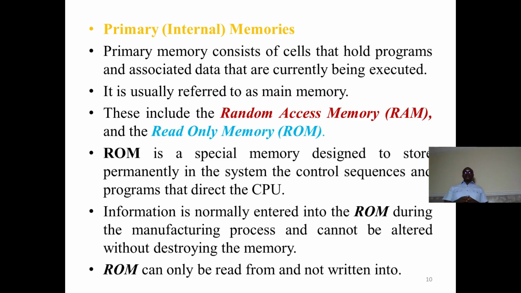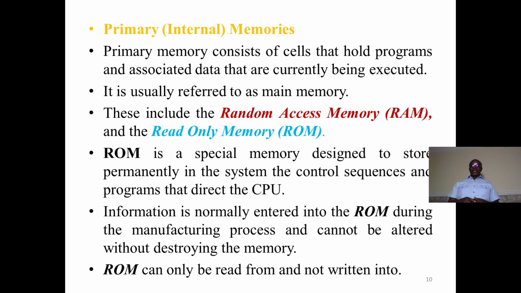Primary memory consists of cells that host programs and associated data that are currently being executed by the computer. It is usually referred to as the main memory. These include the random access memory, otherwise known as RAM, and the read-only memory, otherwise known as ROM.